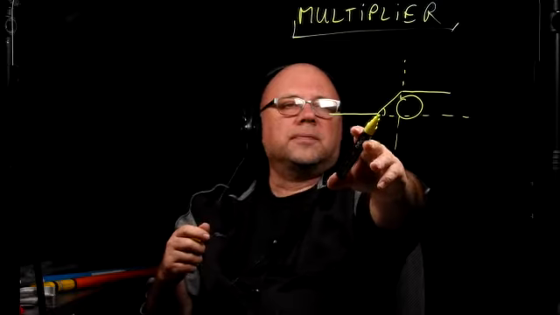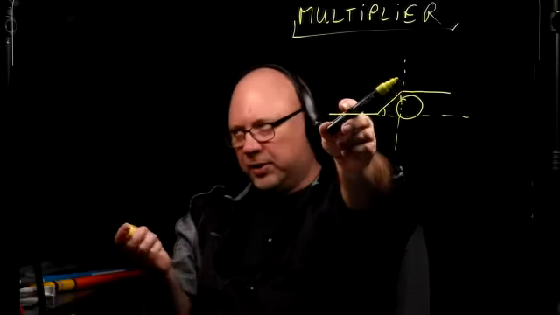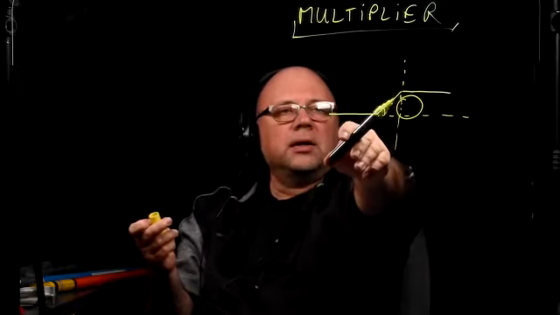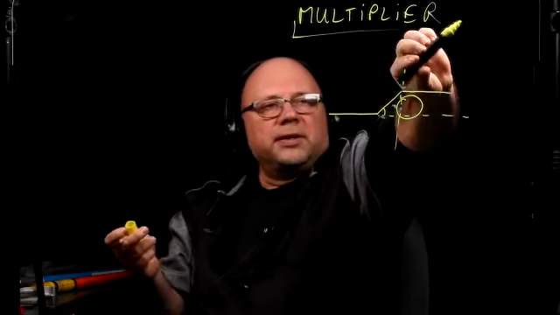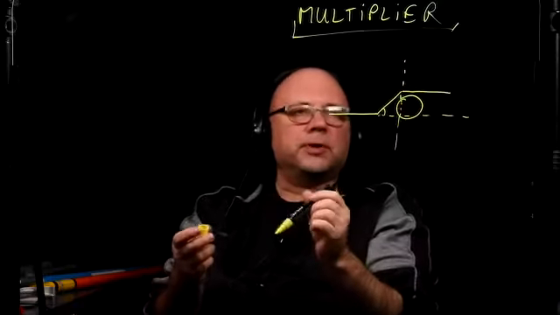Here's our angle, and that's the angle that we're talking about. So we're going to bend that pipe, let's say 30 degrees, or you can do 60, or other angles as well. And then we're going to have to bend it back the same amount.